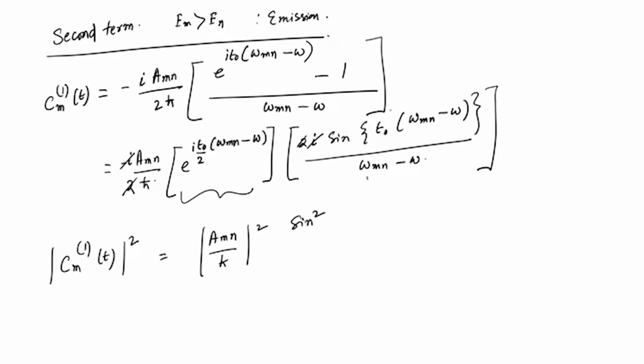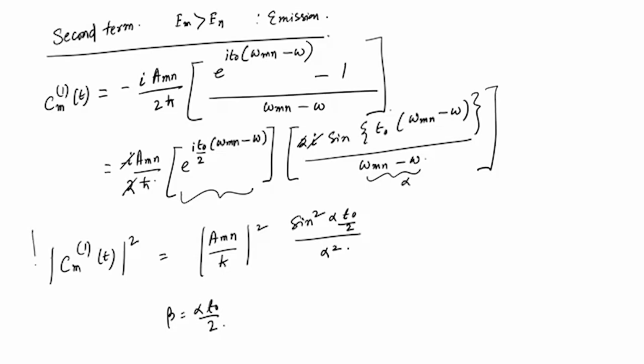Now, let me write this as alpha, and we have alpha t_0 by 2 divided by alpha square. So, you can write beta equal to alpha t_0 by 2. Anyway, these are constants. Alpha is omega_mn minus omega, and for a given frequency of the perturbation, omega is constant, omega_mn is constant, and so on.